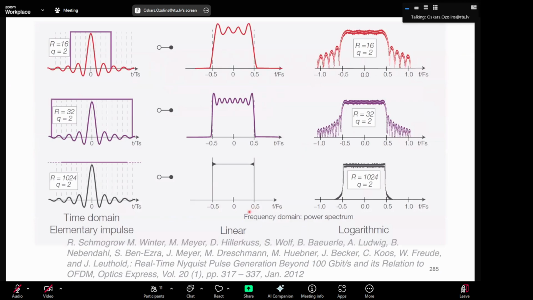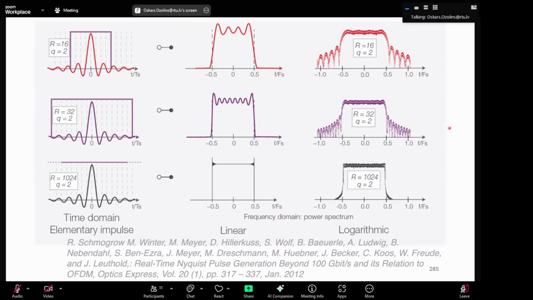So then we can look at different examples of how this looks. When we look at pulses in time domain, I think we already had this for PAM. I think we covered a little bit about pulse shaping there, and here we see the time domain signal. And then we have the frequency domain, but this is linear and this is logarithmic. So with the higher roll-off factor, you decrease these side lobes quite significantly, which means that you can put the next channel already here, not here.